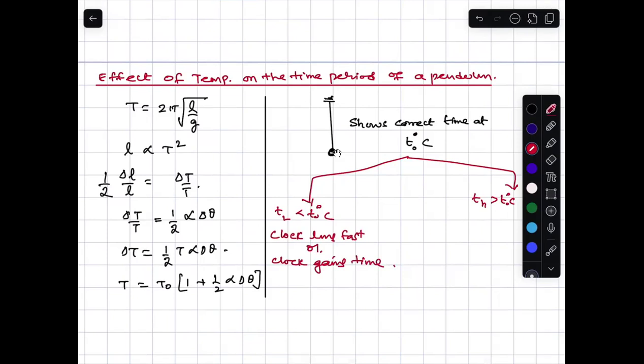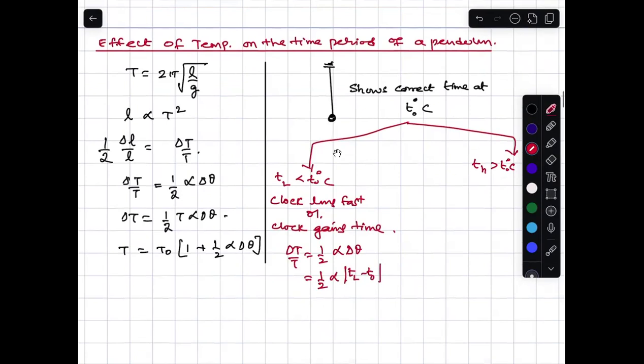So now in this case, what is happening is per day. When you are calculating delta T by T, I know this is half alpha delta theta, which is half alpha modulus of T L minus T naught.